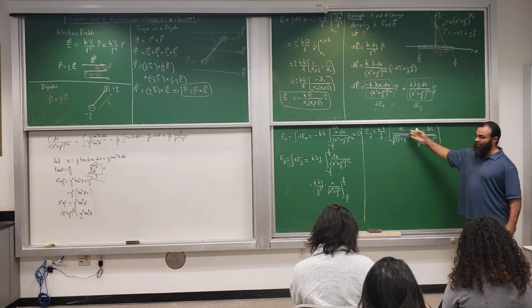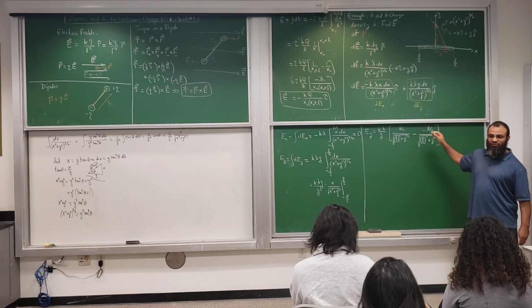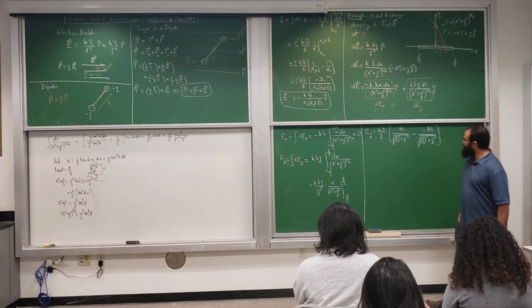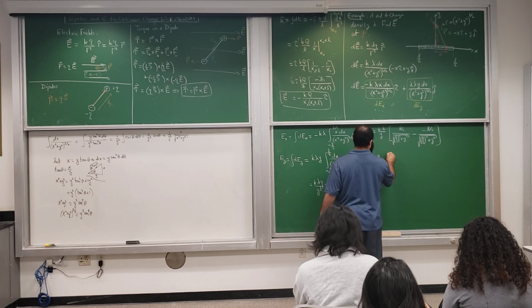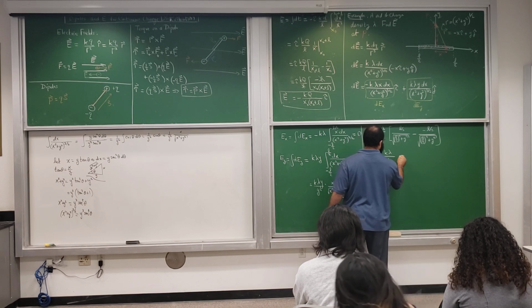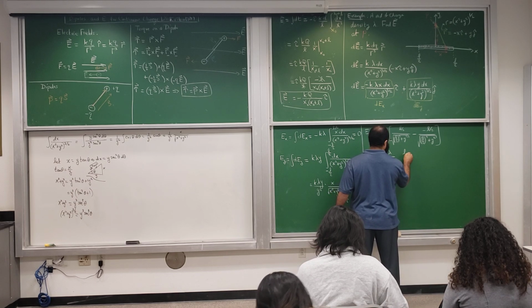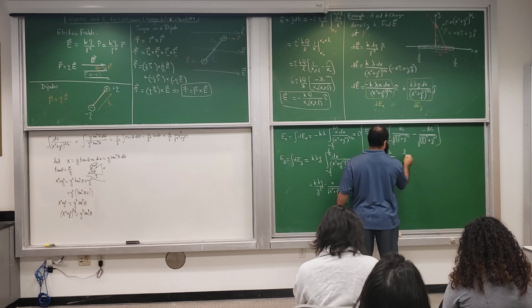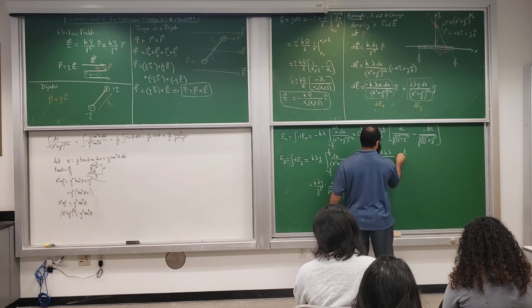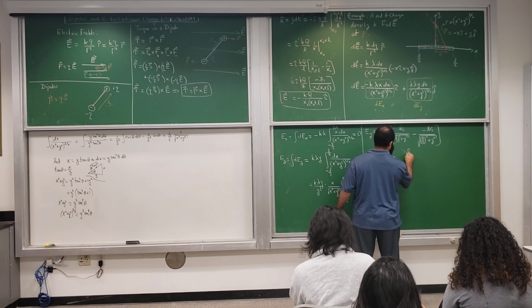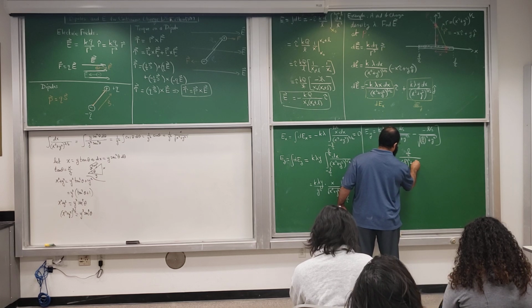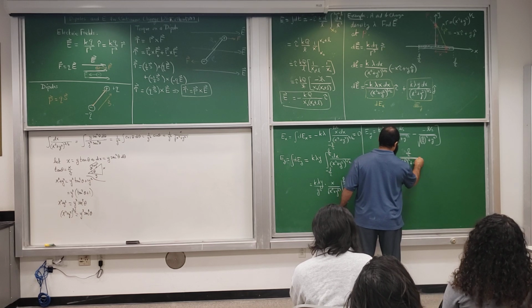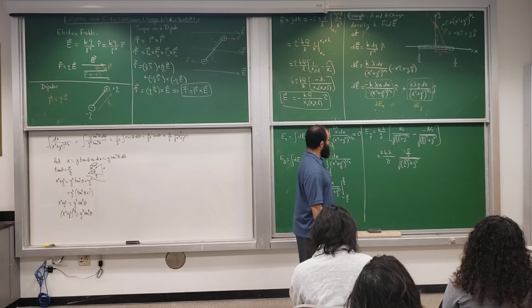Plus. It becomes plus, and then you just have the same copy twice. So this becomes k lambda over y, and then twice L over 2 over the square root of L over 2 squared plus y squared. That's E_y.